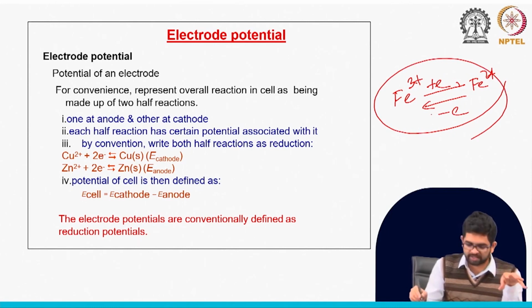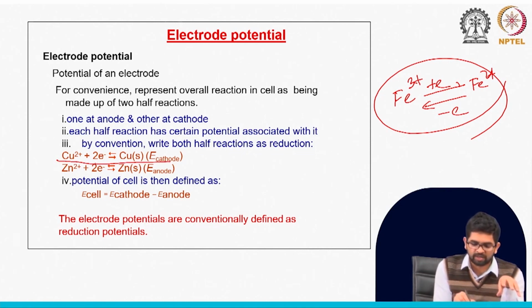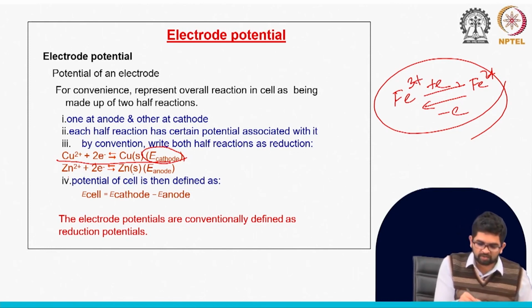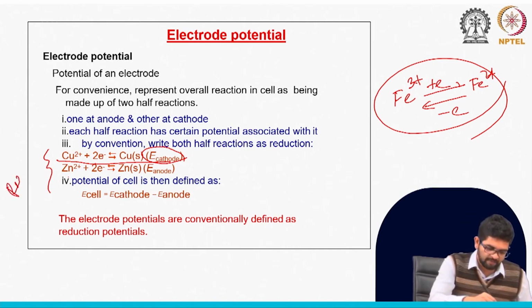This kind of reaction is very common, like copper, you see here copper 2 plus takes 2 electrons to form copper. So this is the cathode reaction, right, or zinc 2 plus takes 2 electrons to form zinc. Here, when we are representing equations, always we are mentioning the reduction reactions.